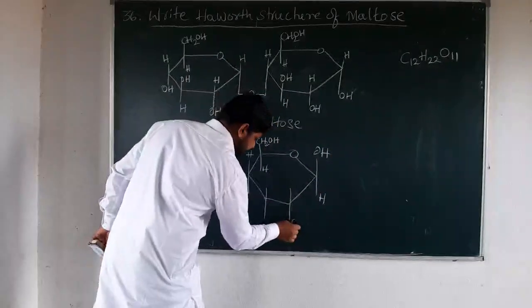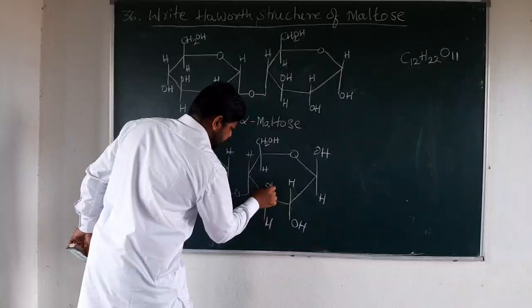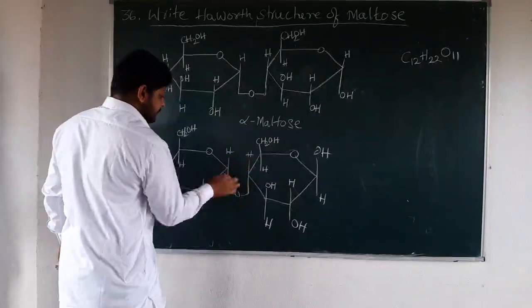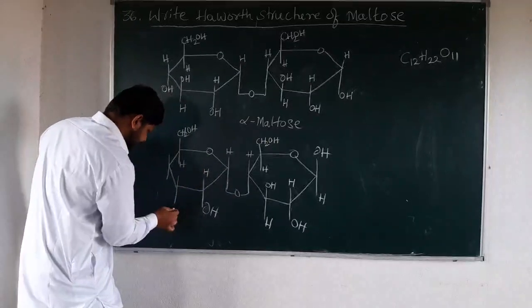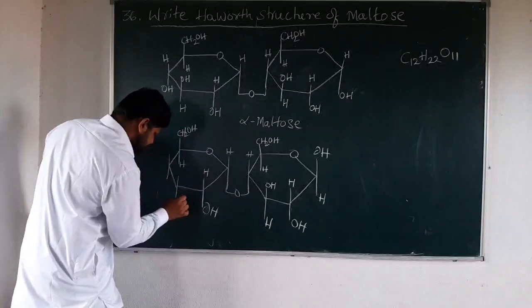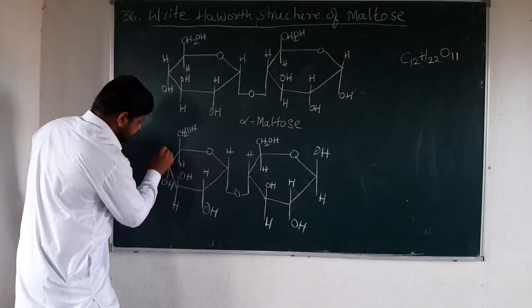Other things are the same: OH below the plane, H here, reverse H, OH. Reverse of this, this is already done. So now OH here, H, reverse H, OH, next reverse OH, H.